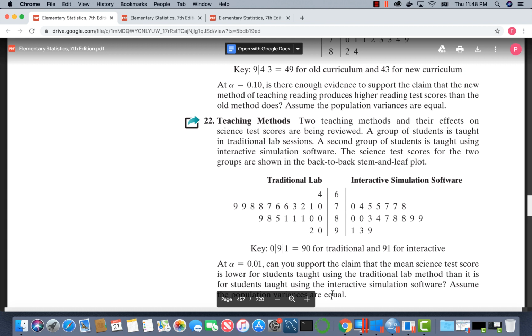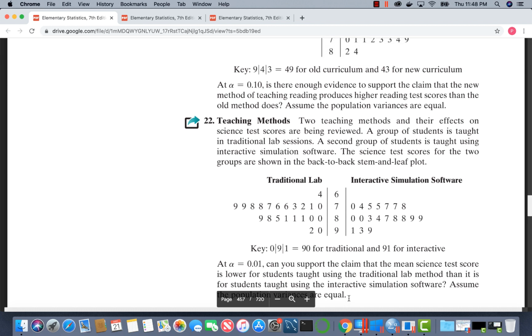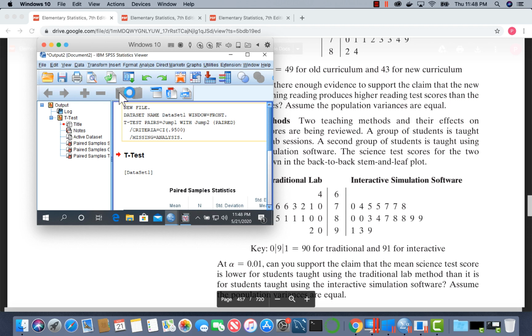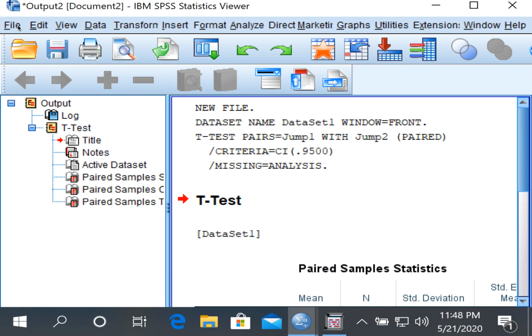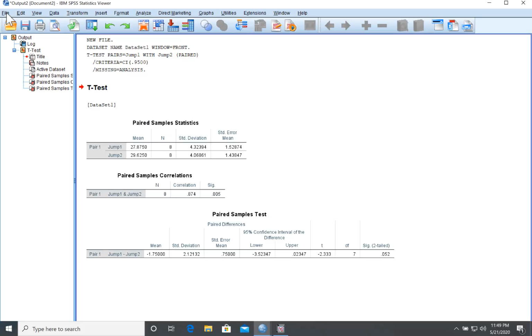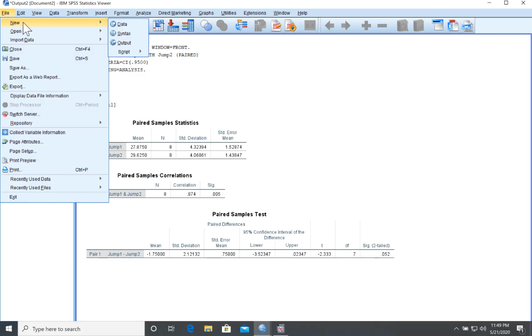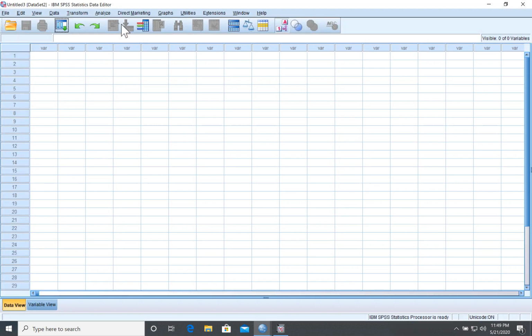Whether they told us to assume the variances are equal or not, we're not interested, because SPSS will do both analyses for us. So let's open SPSS, and while we open it, let me open a new data file for us and we will put these values in SPSS.